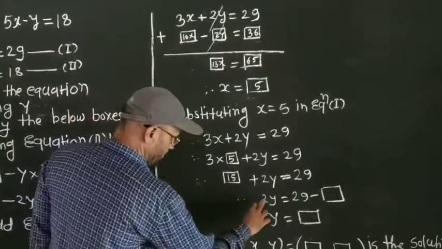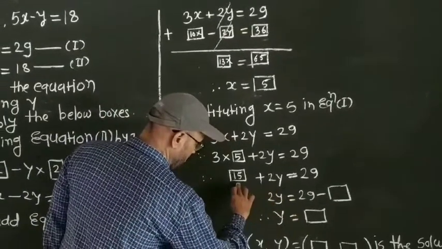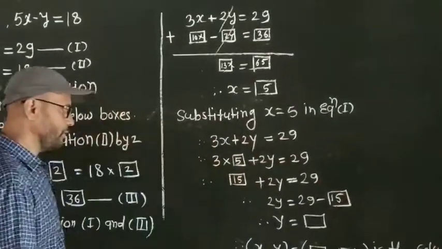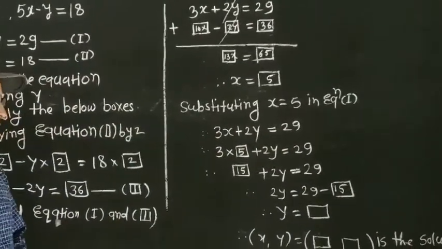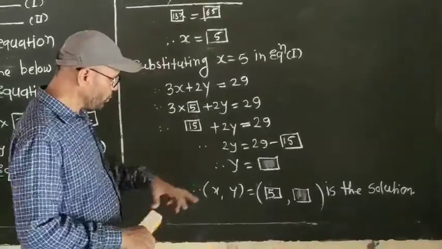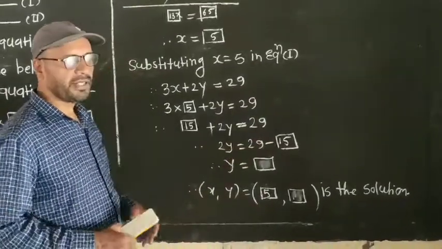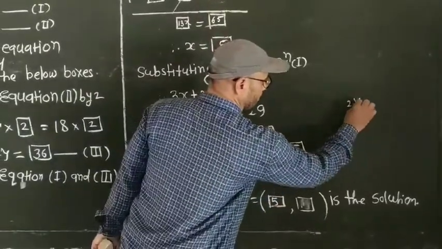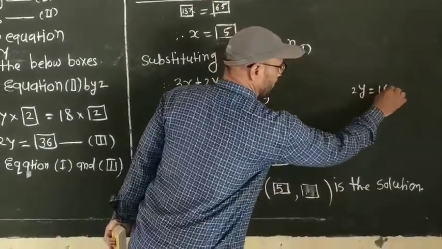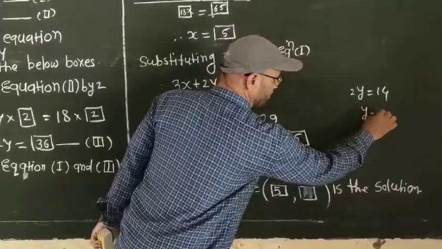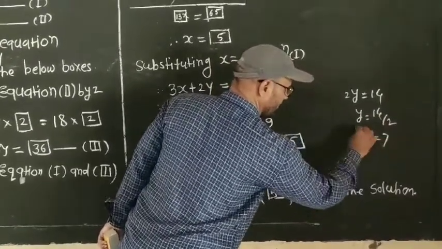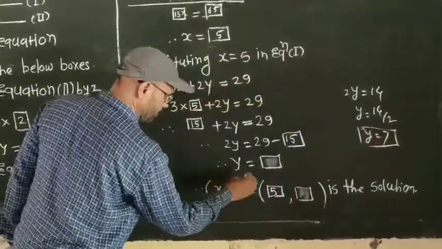So 2y equals, transferring this 15 to the right-hand side, 29 minus 15. That is 2y = 14, so y = 14/2. So y = 7. This is the proper value of y.